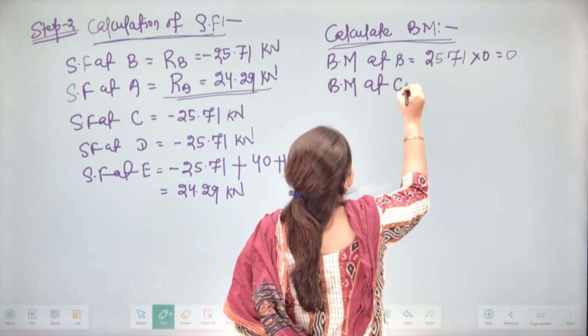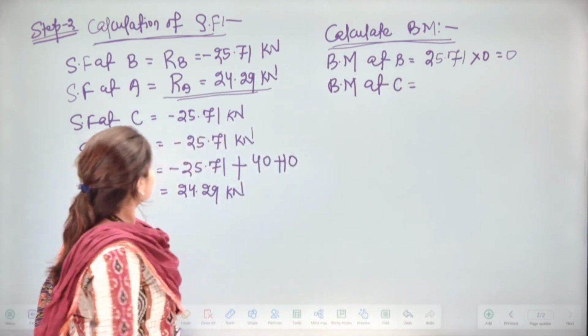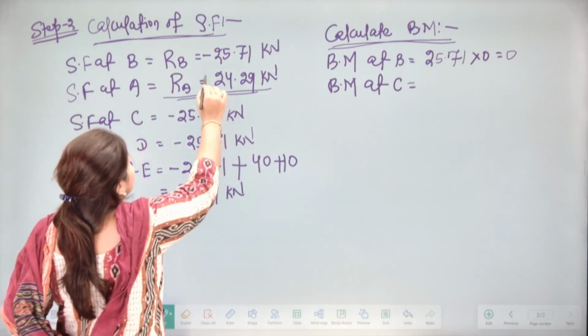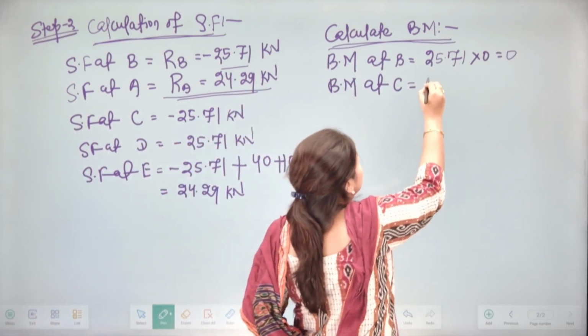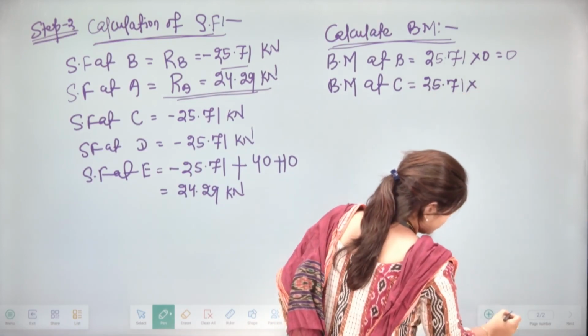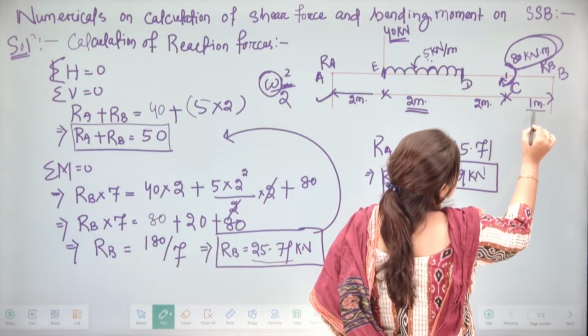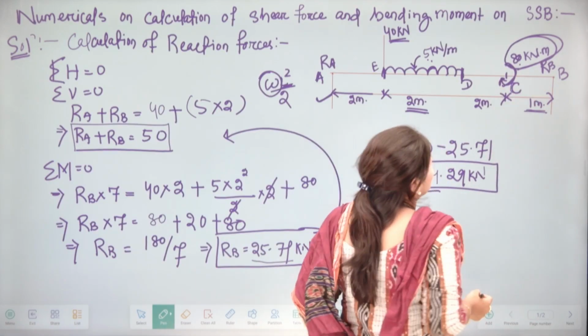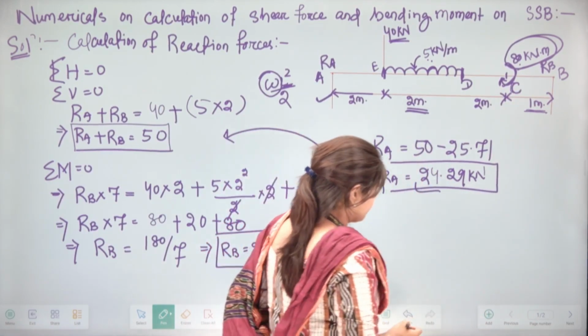Moment at C: here 25.71 multiplied with the distance, which is 1 meter, and here 80 kilonewton into meter.